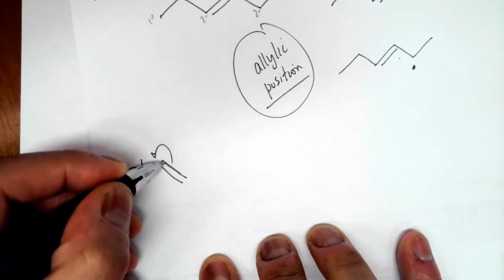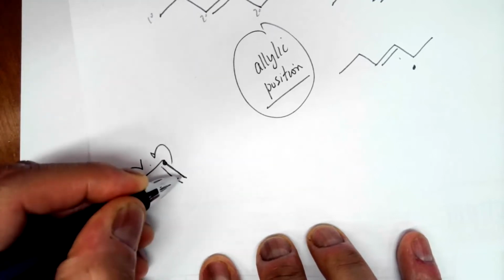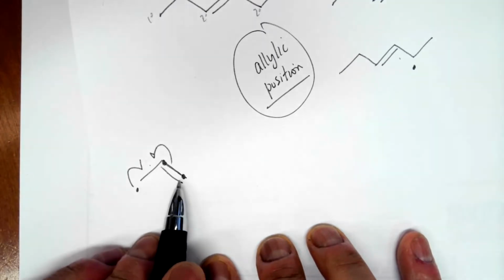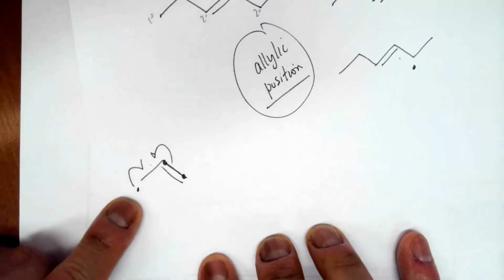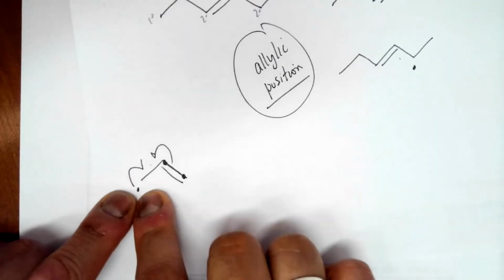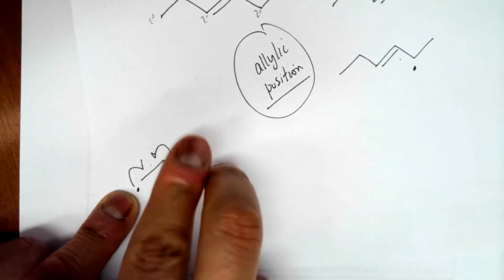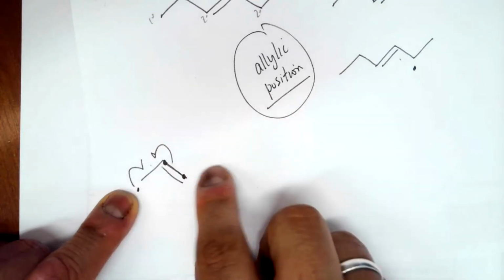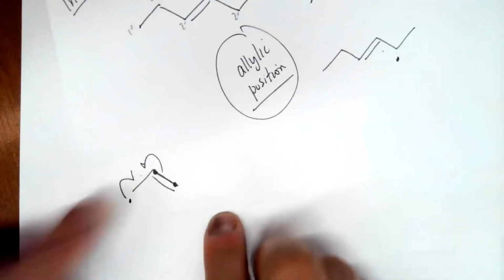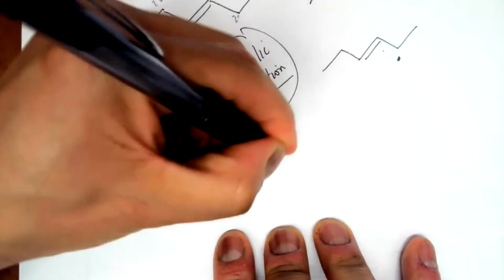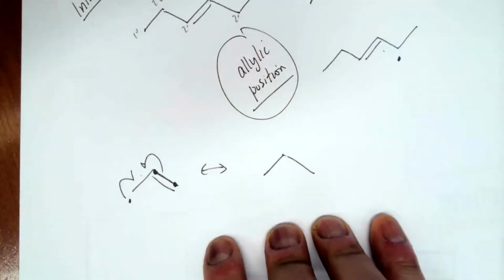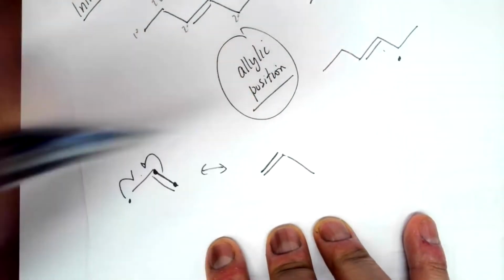This radical induces the homolytic cleavage of that double bond. That pi bond breaks apart into two, and it will cause these two to now form a pi bond here.